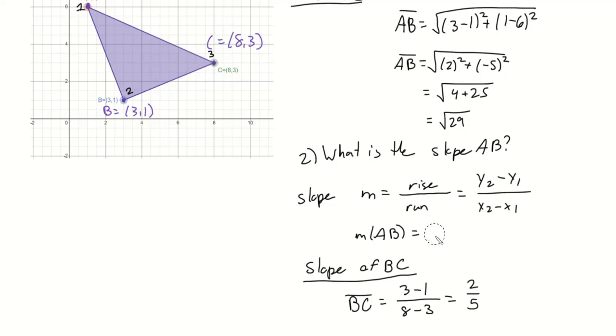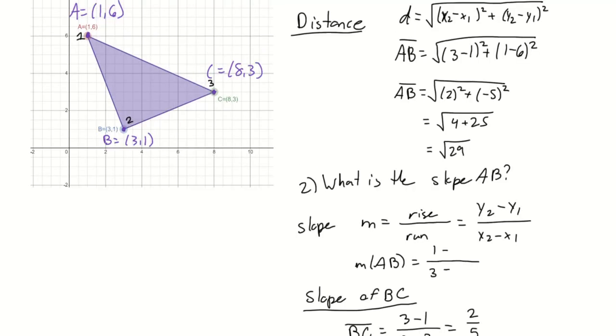So let's go through this one time. Let's do this. So B is my second one. So I have 1 over 3 minus, I'm scooching up because I can't see it, 6 over 1. So I should get negative 5 divided by 2.